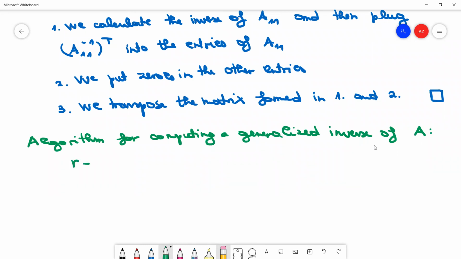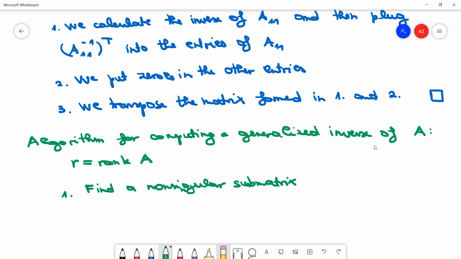So R is the rank of A. And in the first step, we find a non-singular submatrix B in A of order R times R, or of size R times R. This was A11 in our proof.